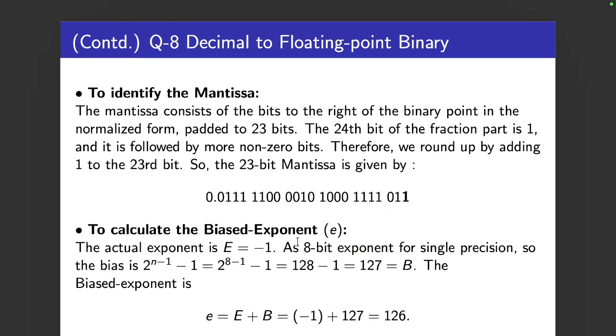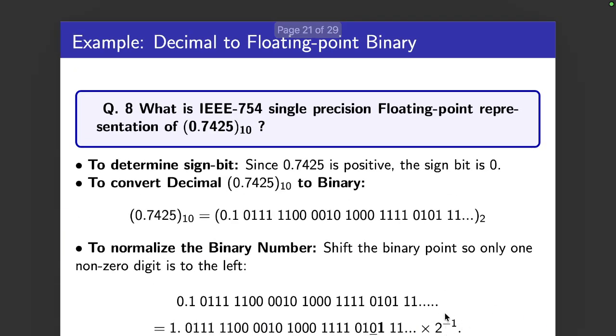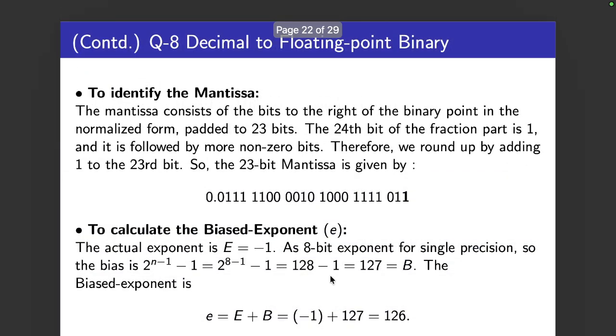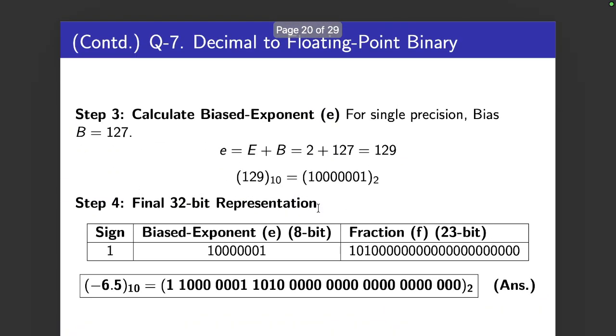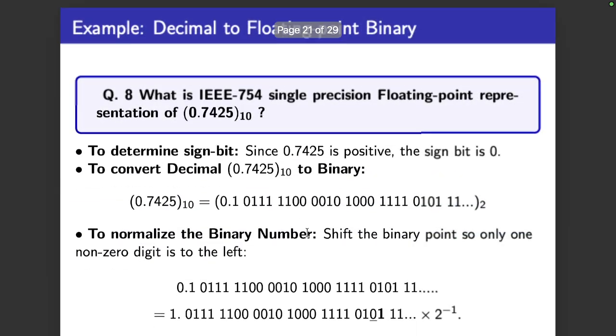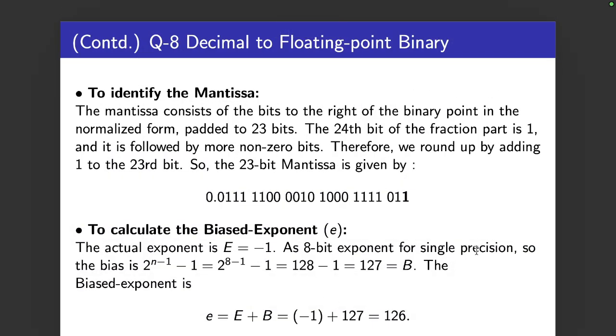To calculate the biased exponent, the actual exponent E is minus 1, because we get 2 to the power minus 1. For the 8-bit exponent in single precision, the bias B is 2 to the power (n minus 1) minus 1, so 2 to the power 7 minus 1, which is 127. So the biased exponent equals E plus B, which is minus 1 plus 127, that is 126.